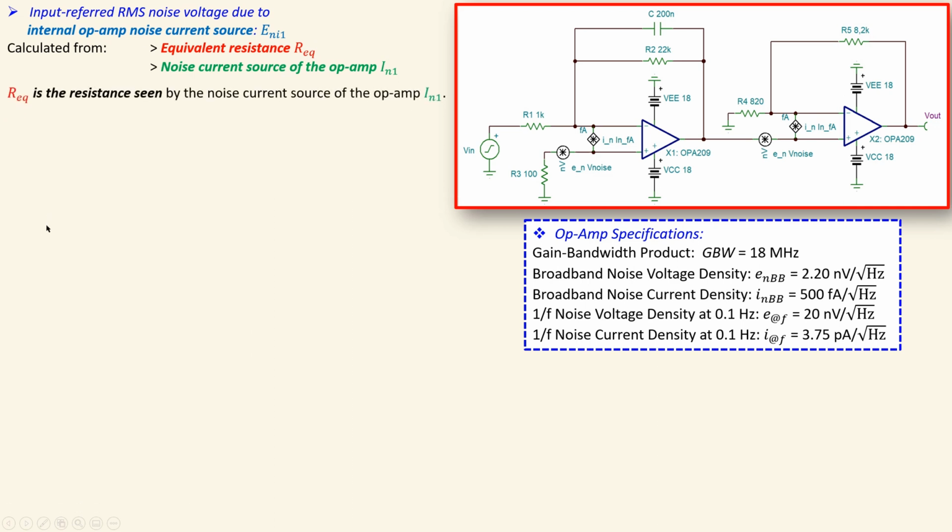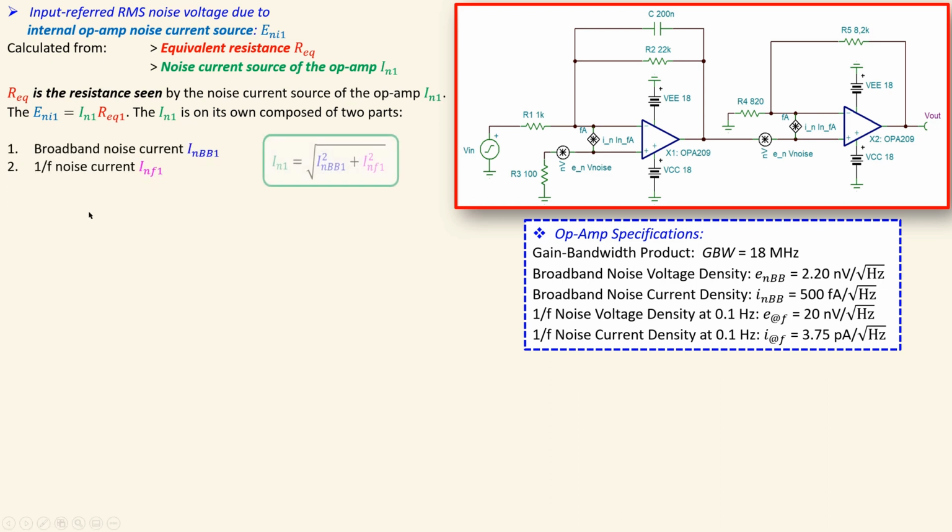We calculate the voltage using Ohm's law, current times that equivalent resistance. But that noise current source of the first stage is on its own also composed of two parts, because we have seen in the datasheet it has the 1/f noise and also the broadband part. Again, that can be calculated using root sum of squares.